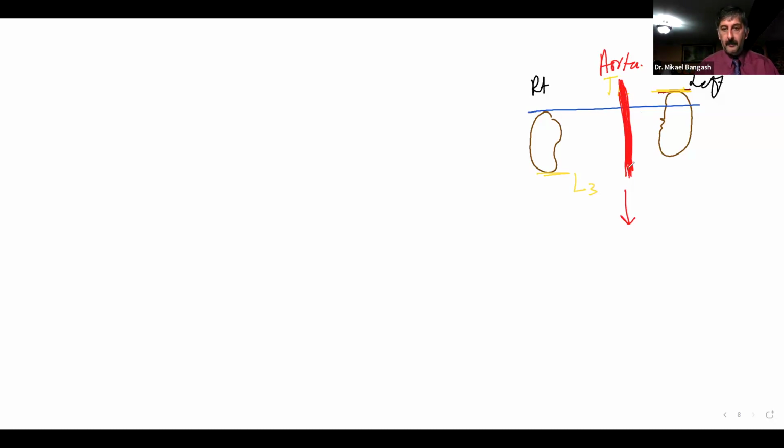We'll talk a bit more about that. On the right side is another blood vessel, which is referred to as the inferior vena cava. And the inferior vena cava brings blood back to the right atrium.